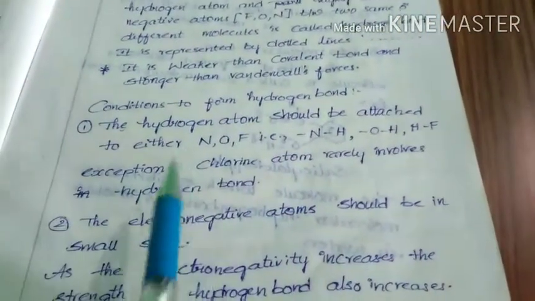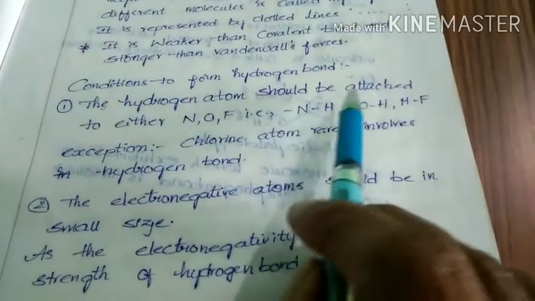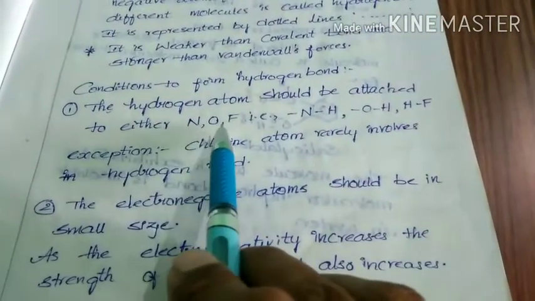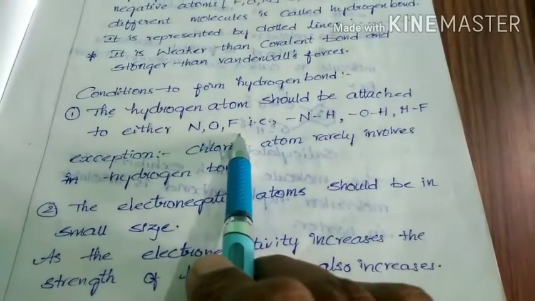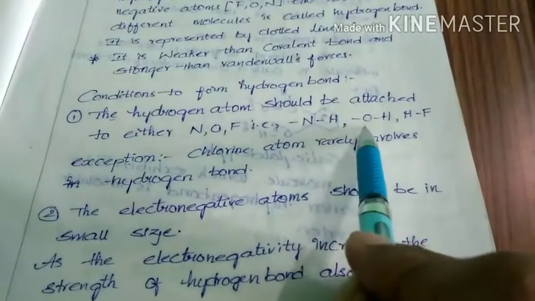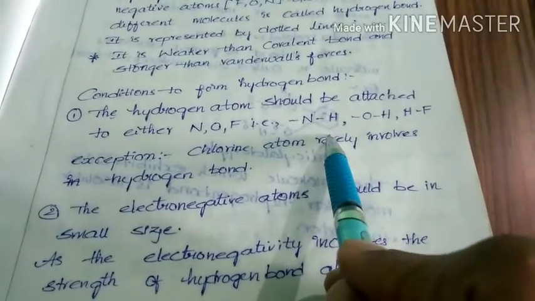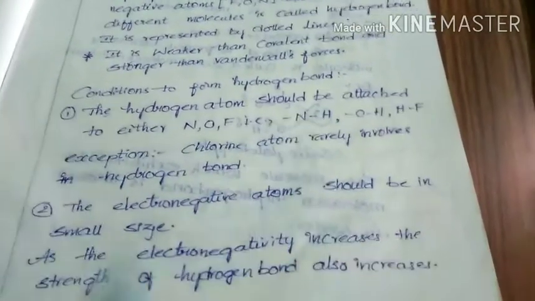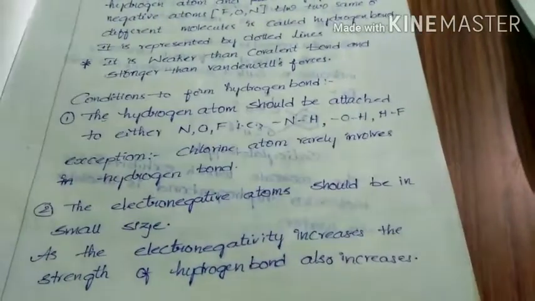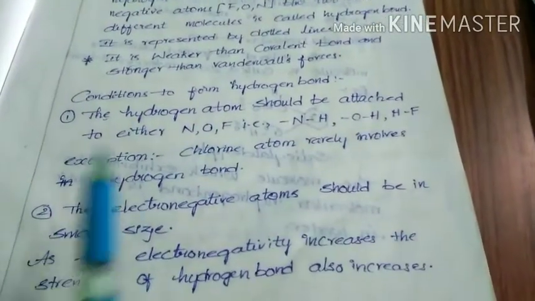This is important. What is the condition? The hydrogen atom should be attached to either nitrogen or oxygen or fluorine. That is, an N-H bond or O-H bond or H-F bond should be present in the molecule. Then only that molecule exhibits hydrogen bond. This is a very important point.